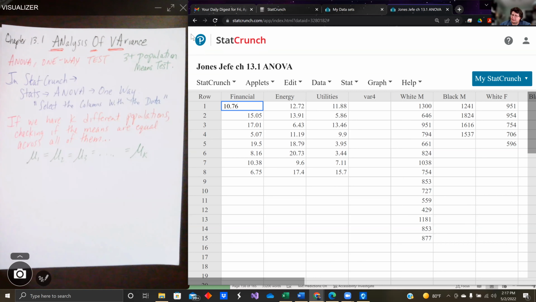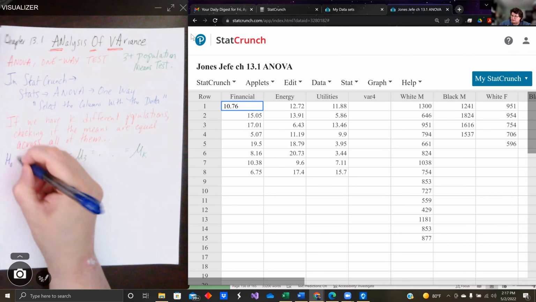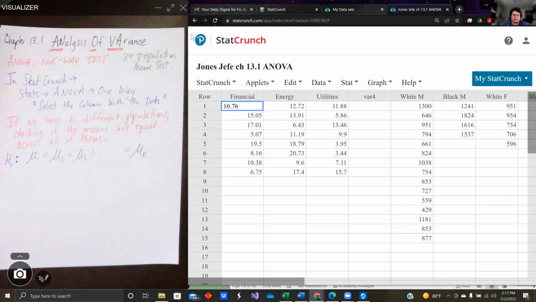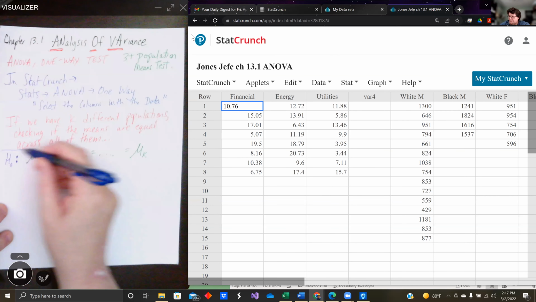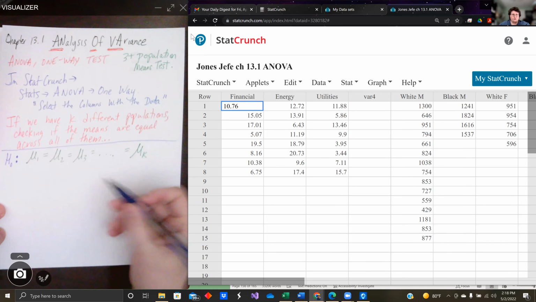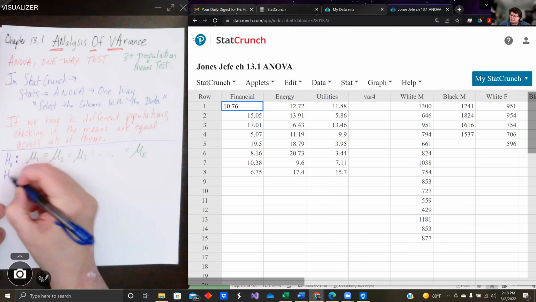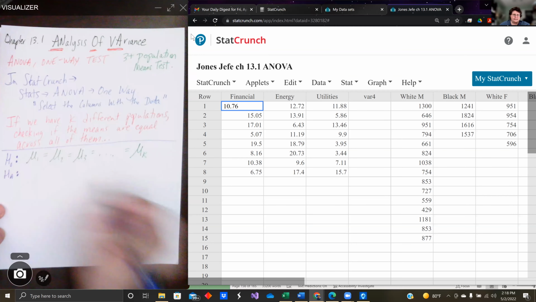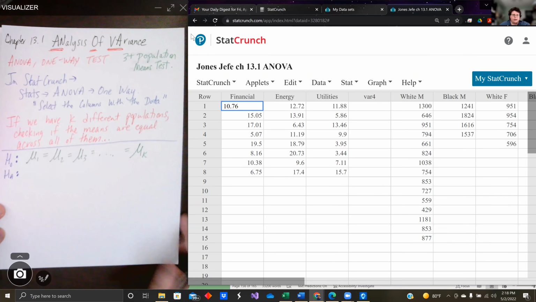And that just so happens to be our H0. Remember, in our 5 steps, only one thing changes. H naught and HA change. So we at least have mu showing up in our H naught here, as opposed to the goodness of fit test and the contingency table chi-squared test of independence. HA, kind of like the other tests, doesn't have to show that they were all unequal, just as long as one of them is different.